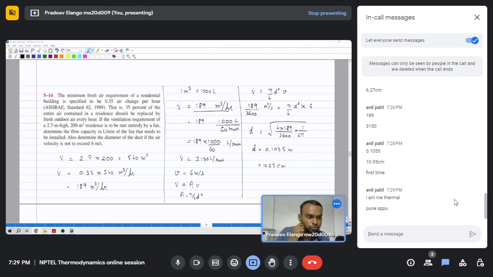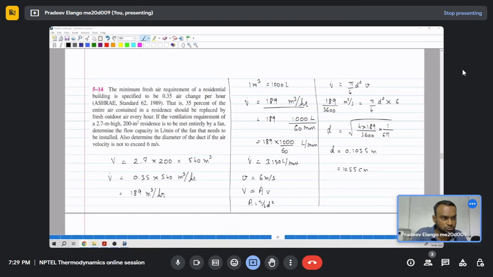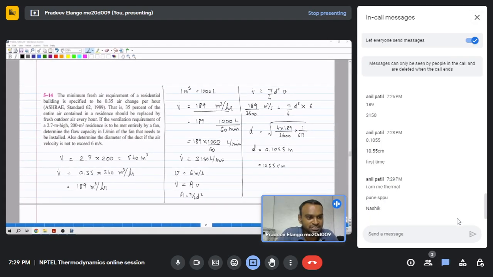Pune SPP. Okay. So, do you find this course very useful, interesting, or are you just seeing all the known concepts only?